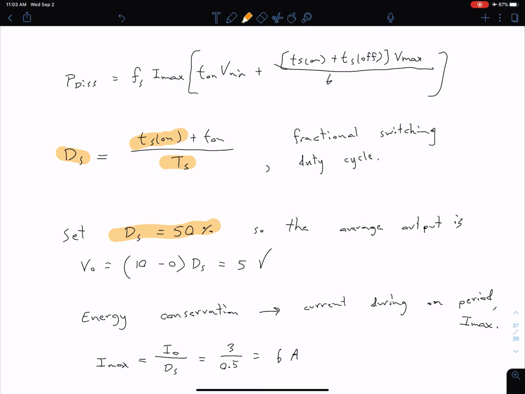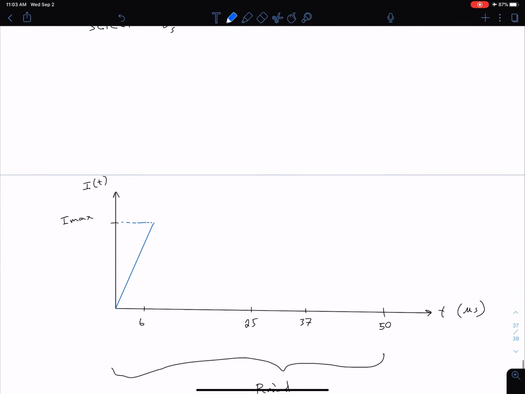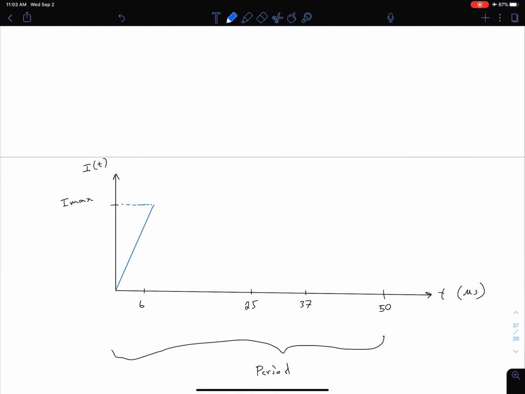Another way to think about it is, if we want DS to be 50% and we know TS is 50 microseconds, we want the combination of TS on plus T on to be 25 microseconds. Either way you think about that, this switch is going to end up staying on until we get to this 25 microsecond mark.